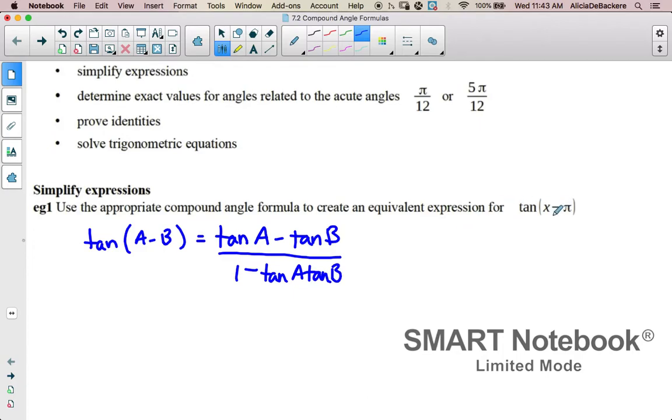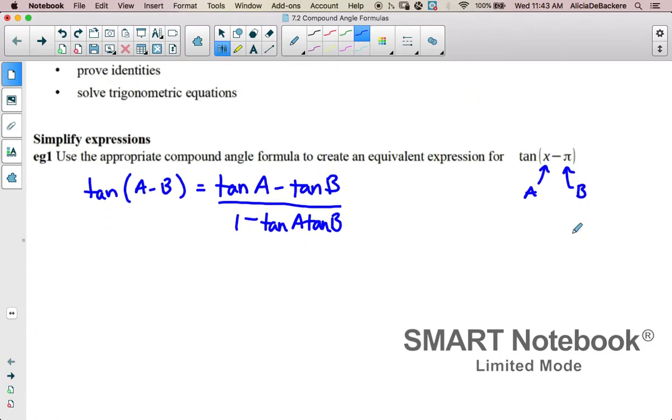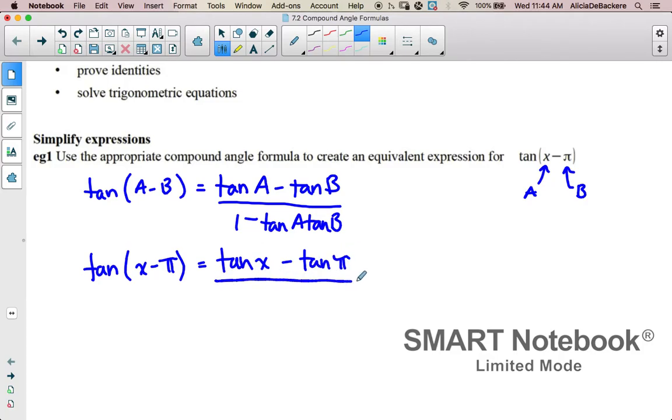Now in our question, we've got an a that is an x and a b that is a pi. So I'm just going to fill that in. So every time I see a b, I'm putting in a pi, and every time I see an a, I'm putting in an x.